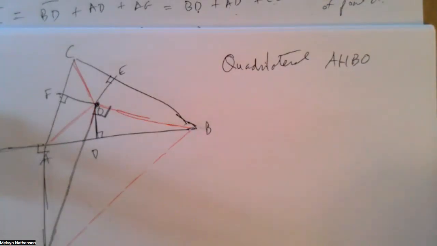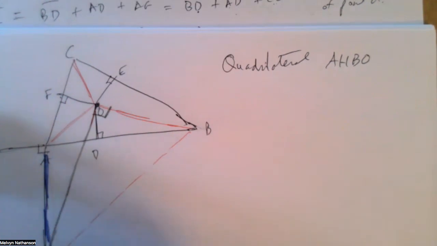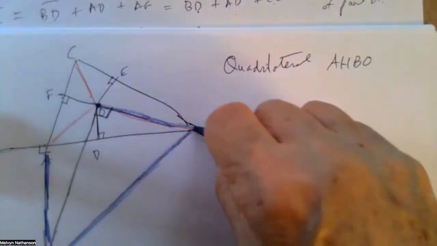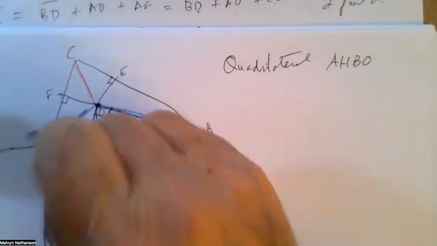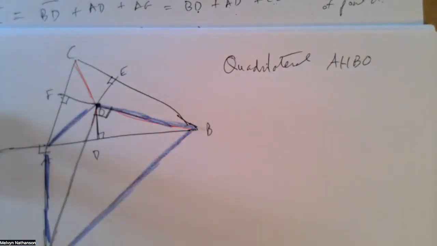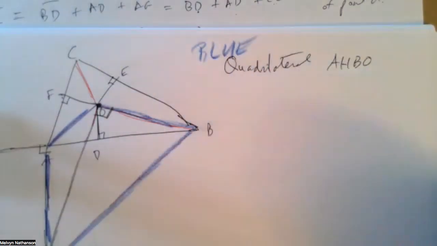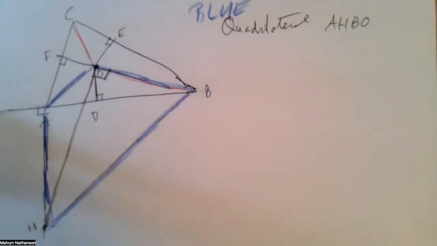So I have from A to H, H to B, B to O, and O back to A. So I have a blue quadrilateral. There it is. I claim this is a cyclic quadrilateral.